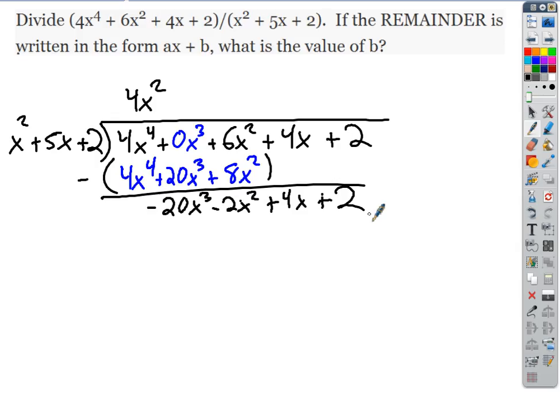So if we once again distribute, I get negative 20x cubed, negative 20x times positive 5x is negative 100x squared, and then negative 20x times positive 2. Good. Subtract that whole thing.